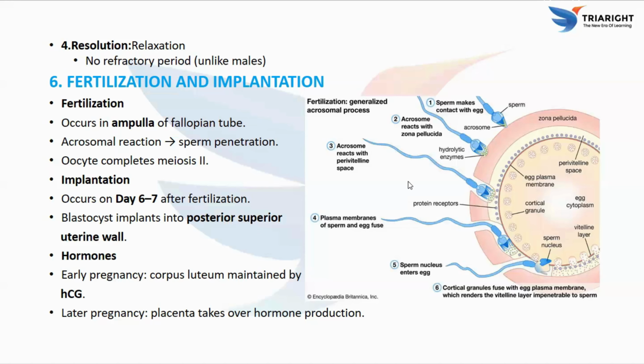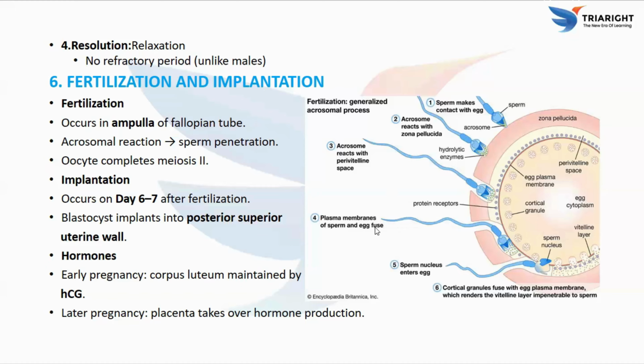These enzymes help the sperm to penetrate the zona pellucida, perivitelline space, and the egg plasma membrane. The protein receptors help to match the correct species sperm to the egg. This is important to prevent cross-species fertilization.